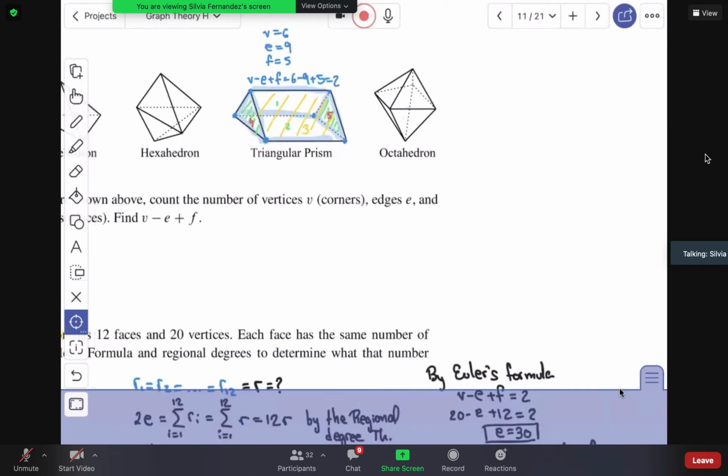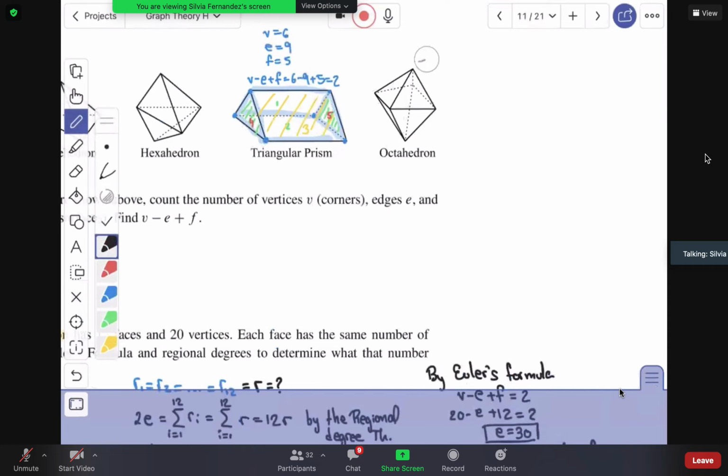That makes sense? Look at this one right here. It has 4 triangles that come together at this point, right? And because the triangles share an edge, there are going to be exactly 4 edges attached to this vertex.